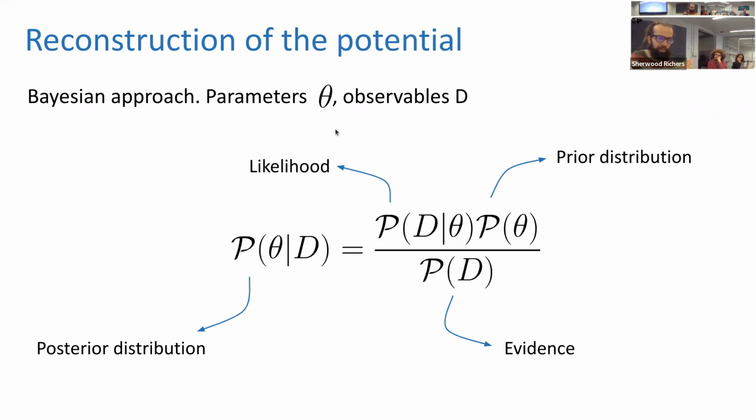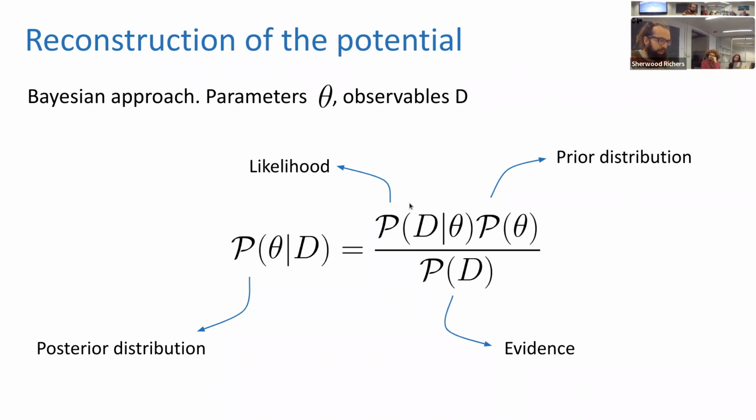Assume that we have some set of parameters theta, in this case the alpha coefficients, and some observables, so some frequencies that are detected. We can link the distribution of the parameters theta given the data observed using the Bayes formula, which connects the posterior to the likelihood of the data given some parameters and the distribution of the prior that we assume for the parameters, divided by the evidence of the data.